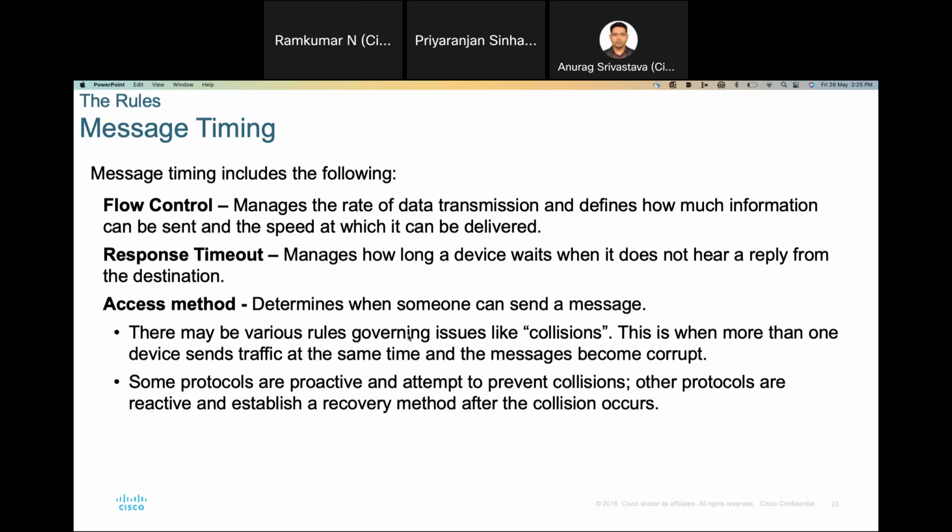Access methods determine when someone can send a message. There may be various rules governing issues like collision. In networking, collisions can happen, like if two people talk at the same time, it is called a collision. So one person has to speak first, and the other person has to speak second. Then only can we understand what he is trying to say, and this avoids the collision.